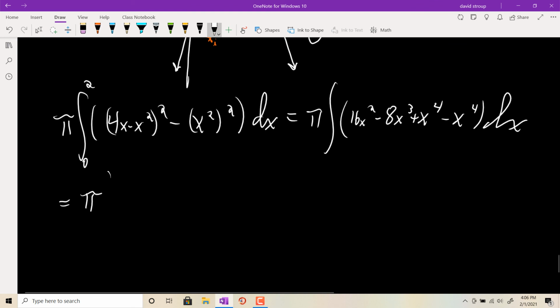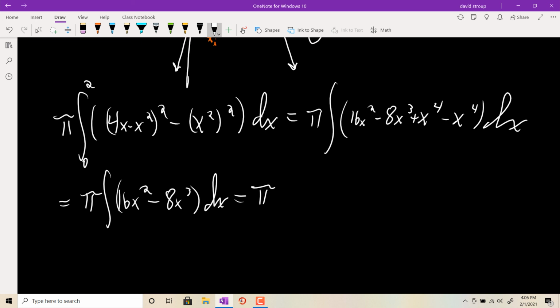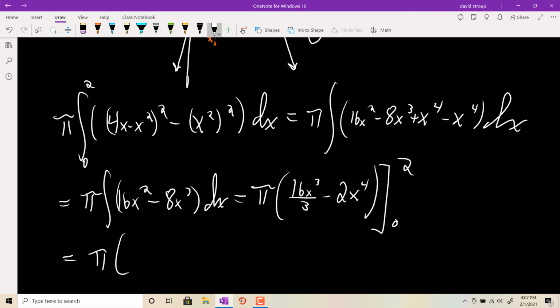So that'll be pi times the integral of 16x squared minus 8x cubed dx. Integrate. So we get the antiderivative as 16x cubed over 3 minus 8x to the fourth over 4, which will be 2x to the fourth. And evaluate it from 0 to 2. So plugging 2 into the antiderivative, I'll have 8 times 16 over 3, 128 over 3, minus 2 times 2 to the fourth.